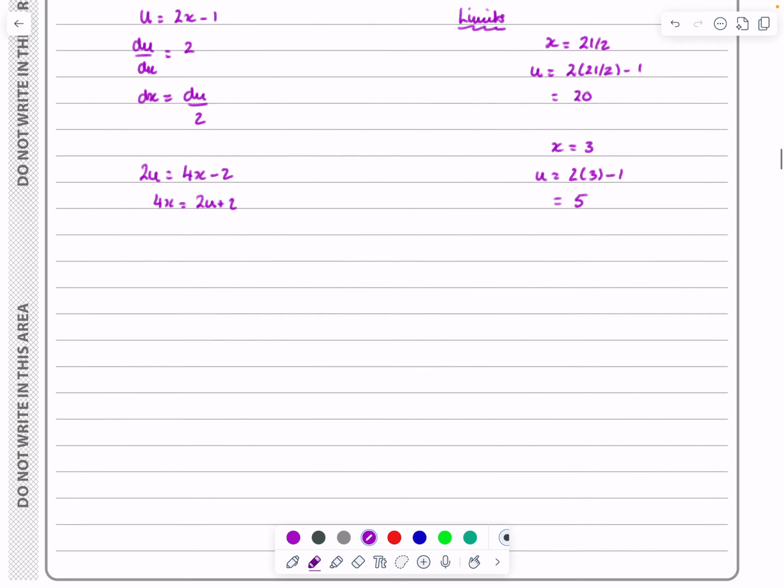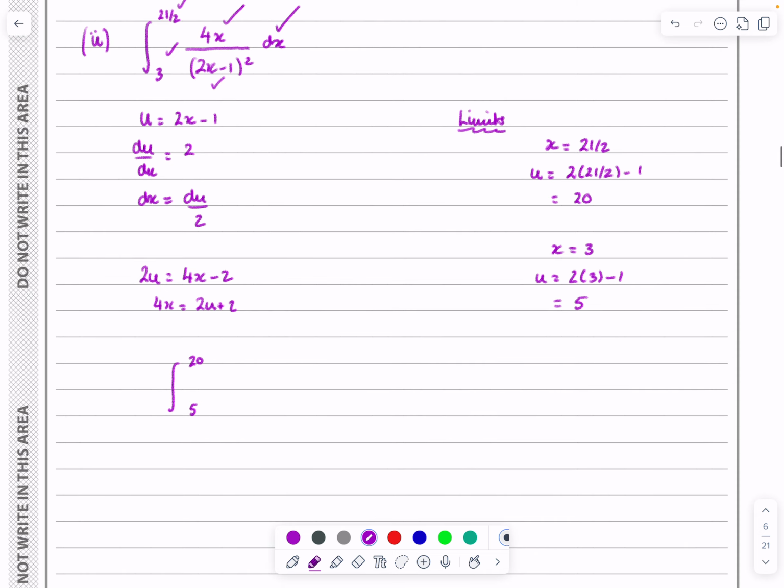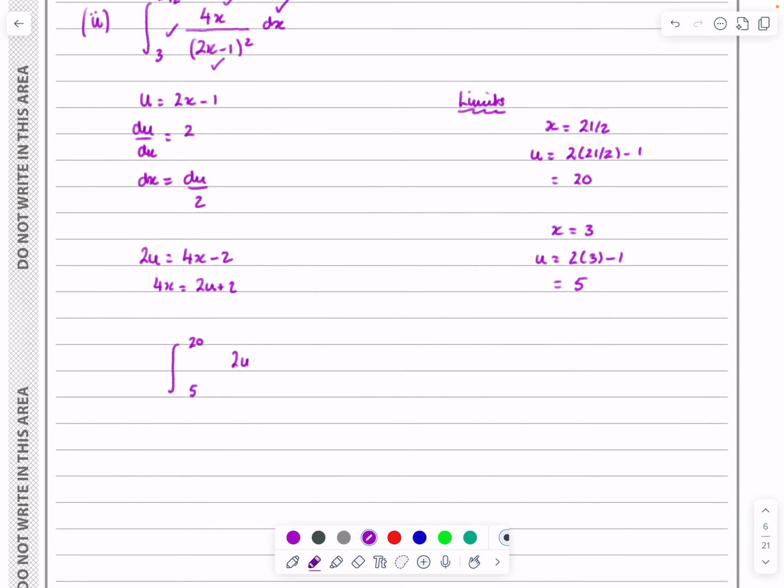So now I can go ahead and build up my integral. My integral this time is going to be between 20 and 5. Then the 4x is 2u plus 2, the 2x minus 1 all squared is u squared, and the dx is du all over 2.